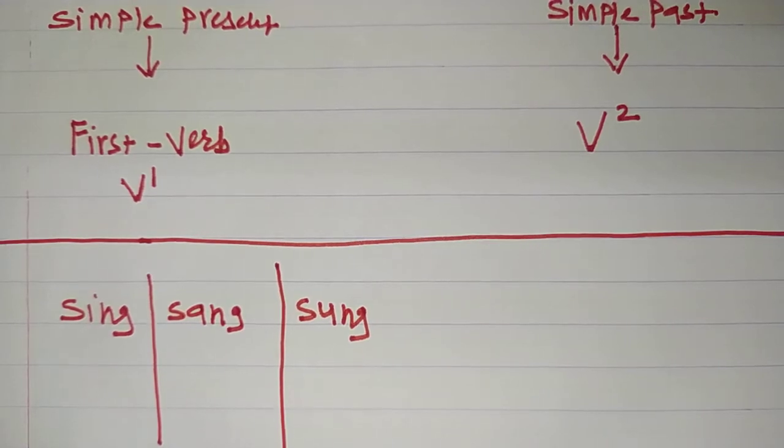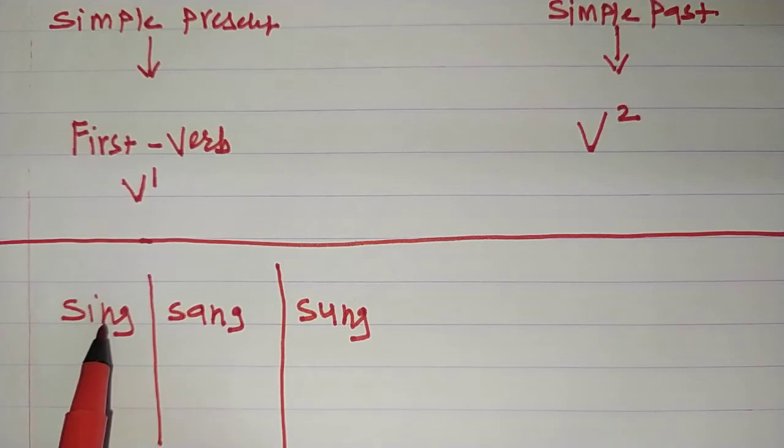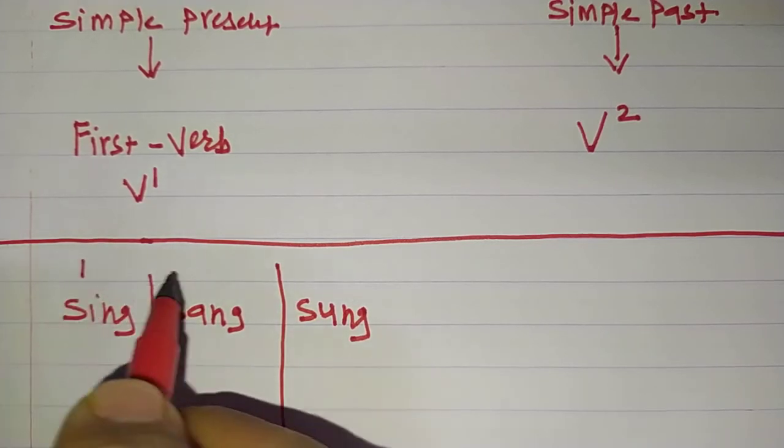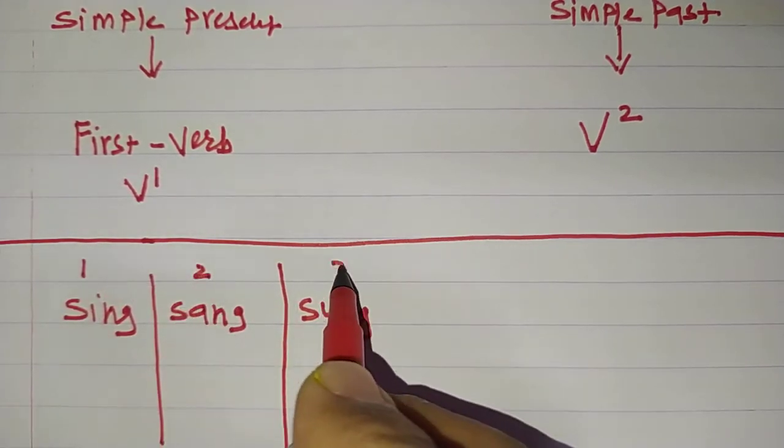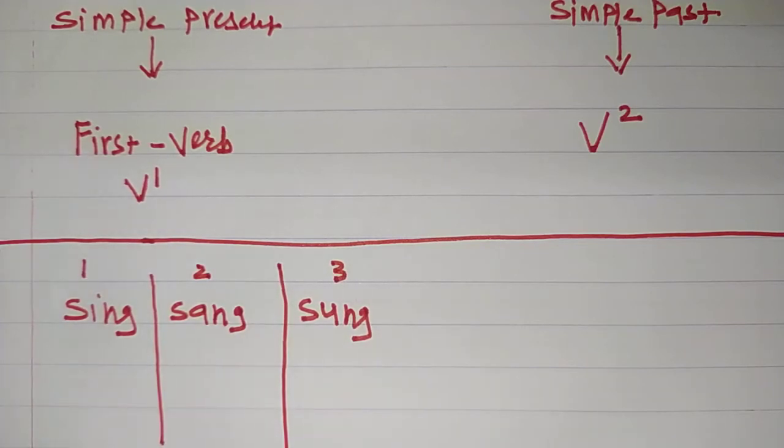Before we learn simple present and simple past, you should know we write the first form of the verb. This is the first form, this is the second form, and this is the third form. Each verb has three forms. So this first form is used in simple present.